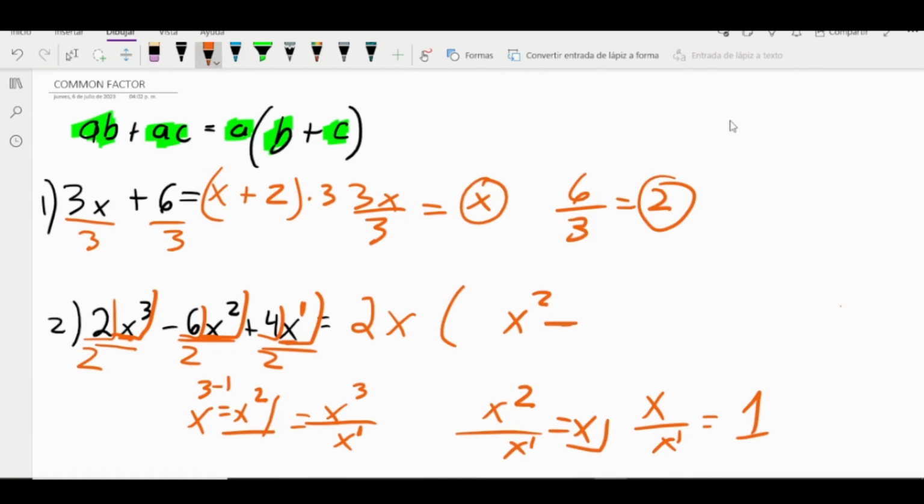We have minus 6 divided by 2, which is going to be minus 3x, and plus 4 divided by 2, so it's going to be plus 2. And x divided by x is going to be 1. So let's say, applying the common factor method, this is the answer.